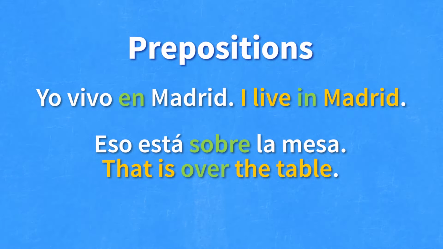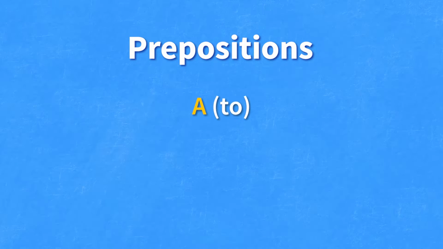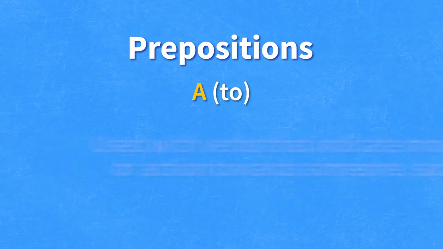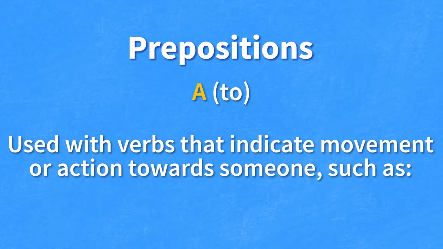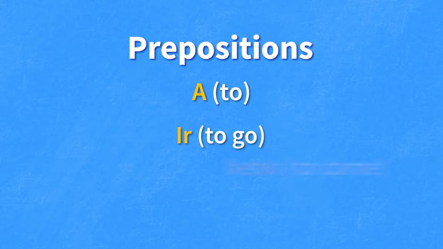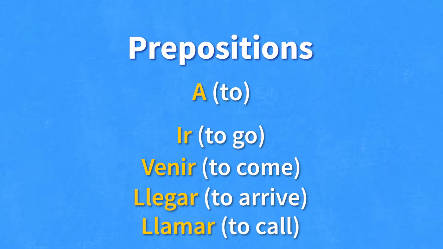Let's take a look at the following prepositions. A, to. This preposition is used to indicate direction or motion towards a specific place or person. It is often used with verbs that involve movement or action, such as ir, venir, llegar, and llamar.